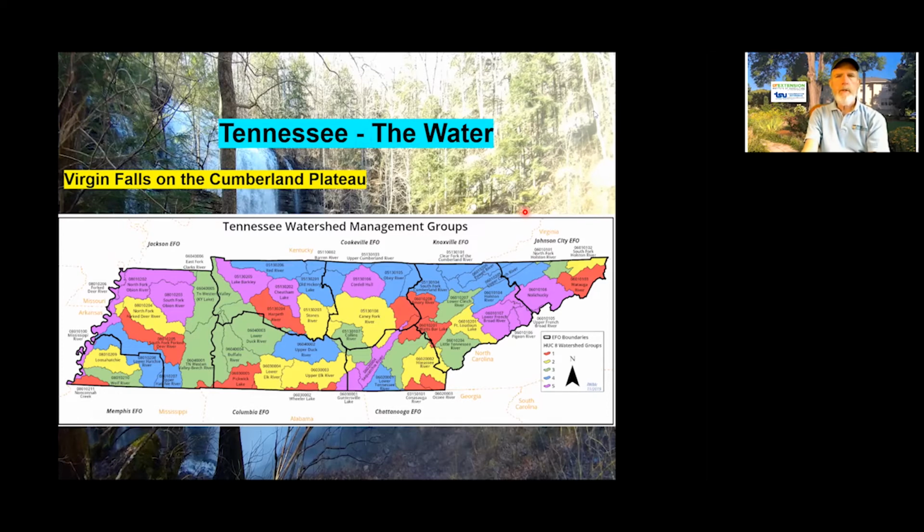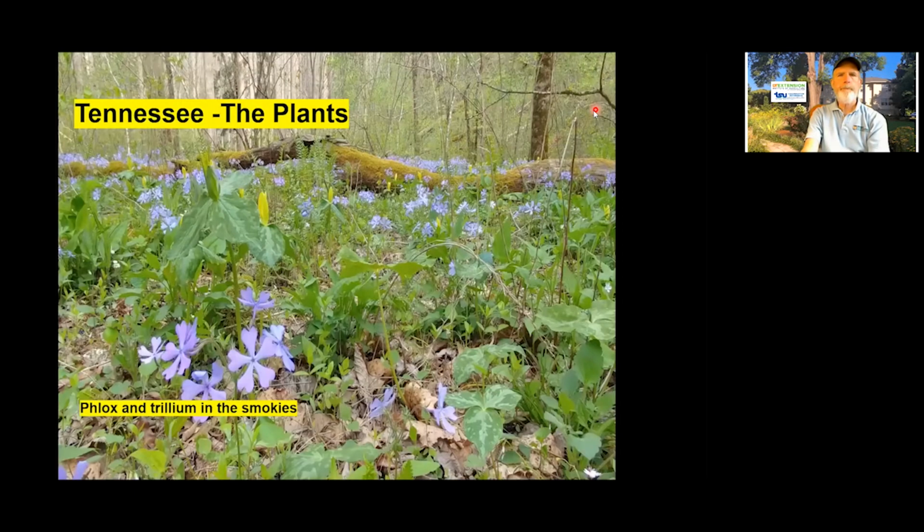As you can see, there are the management groups in Tennessee, with quite a few minor watersheds. If you go online, there's a place where you can find out the watershed that takes the water through your house, through your land. In the background, you can see beautiful Virgin Falls on the Cumberland Plateau.